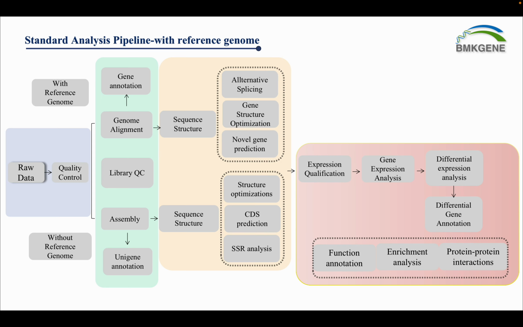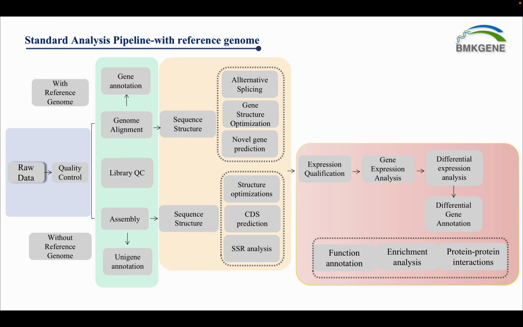Our analysis process is also divided into analysis with reference genome and without reference genome. And the biggest difference between them is the presence or absence of a reference genome. I also roughly divided it into 4 parts.